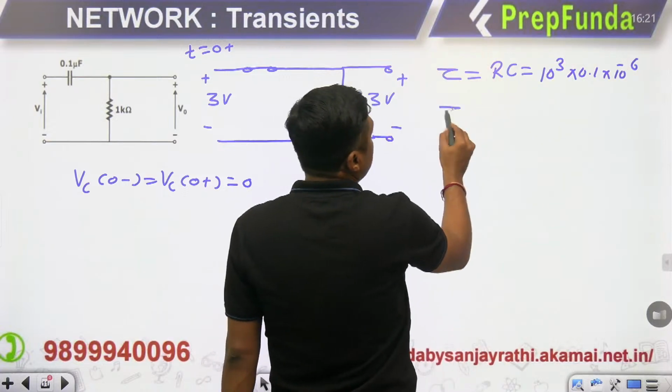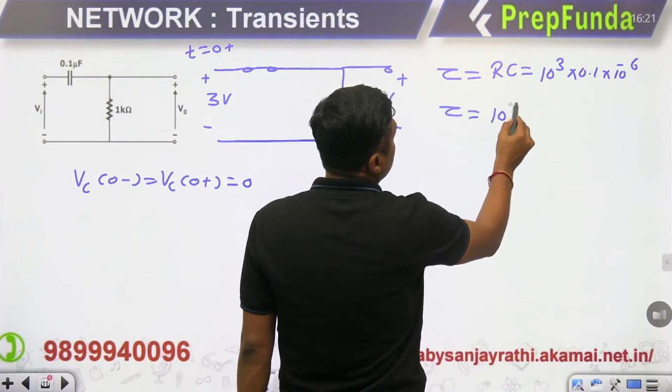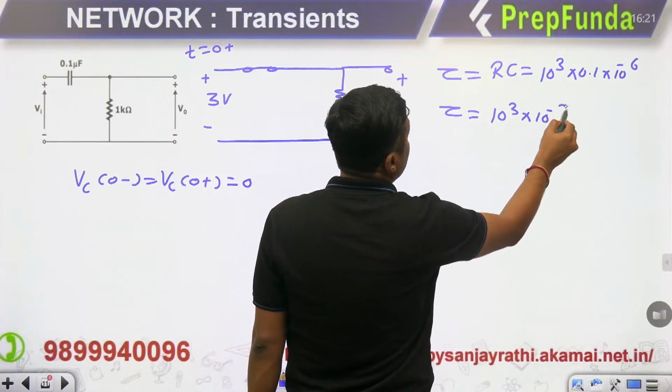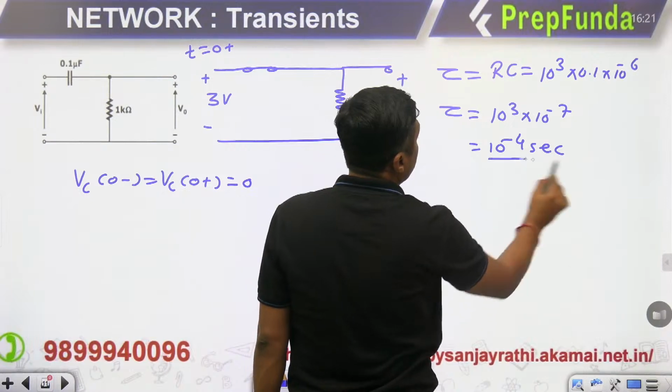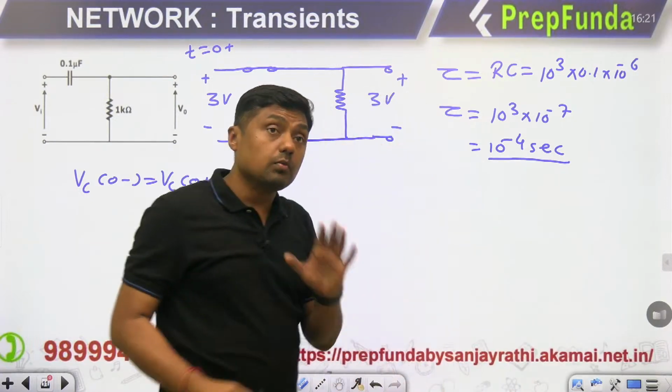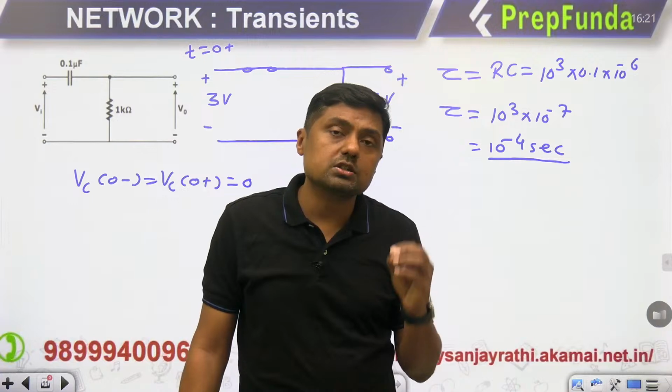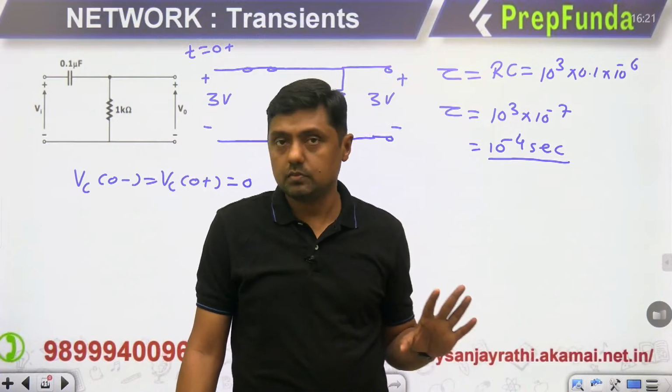And you will get the time constant equal to 10 to the power 3 into 10 to the power minus 7, which is 10 to the power minus 4 second. The time constant is very, very low.